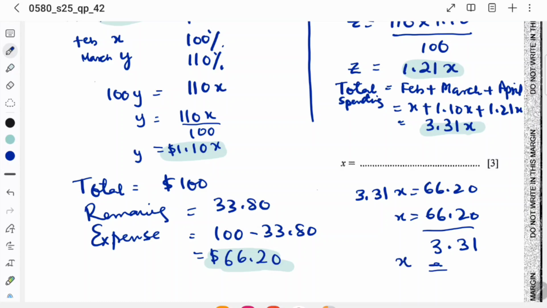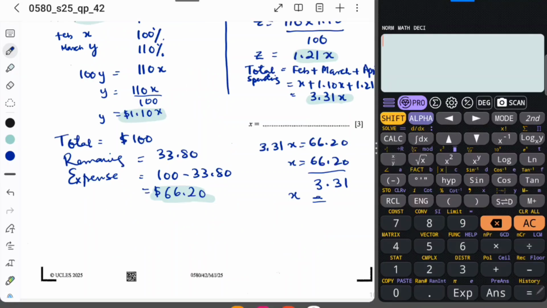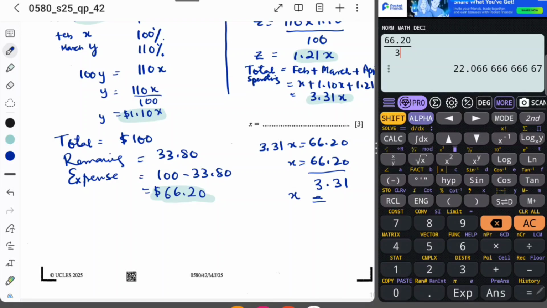Sorry, it is a decimal place. 66.20 divided by 3.31 equals only 20. So the expense in Feb is $20, which is the answer to this question.